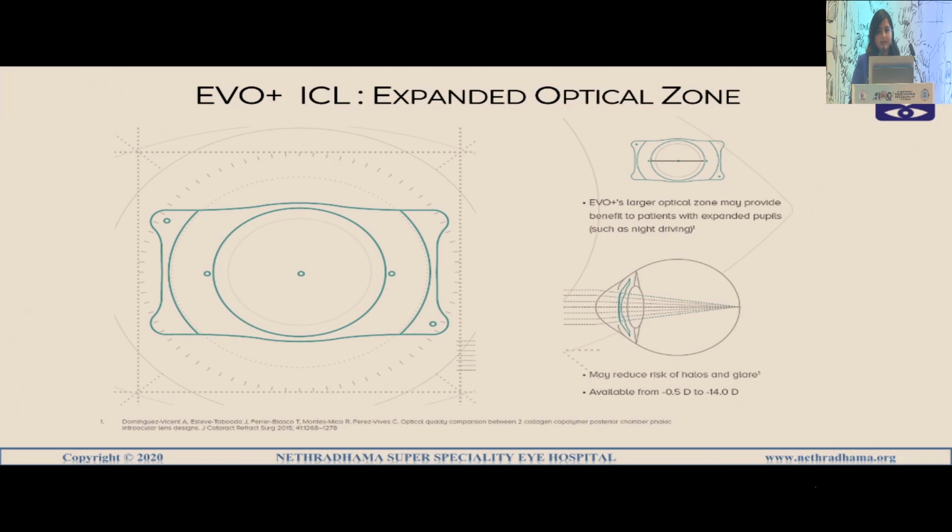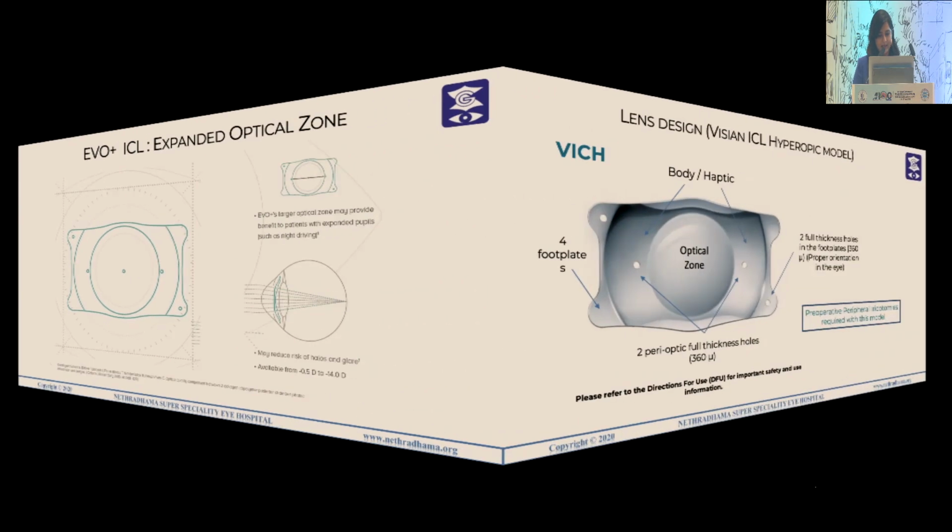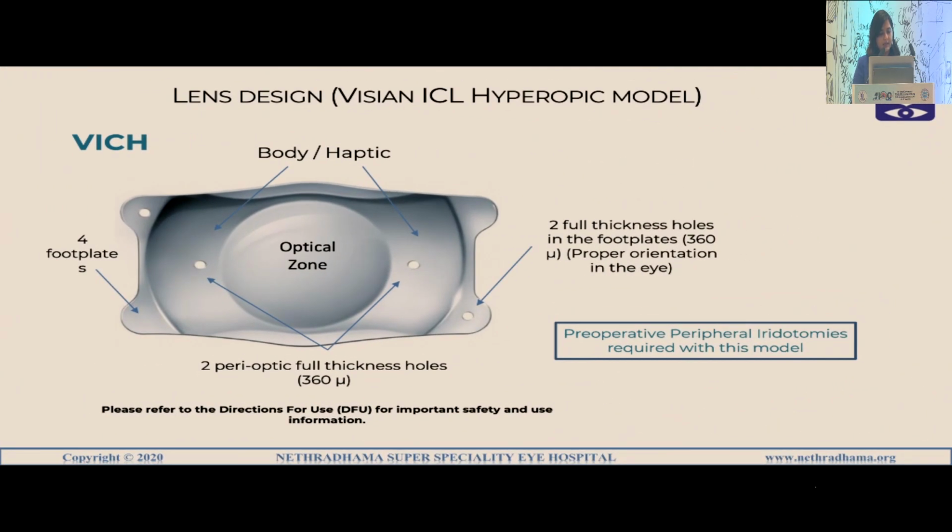The EVO Plus design has an expanded optical zone, providing better results in patients with large pupils, especially for night driving, with reduced risk of halos and glare.